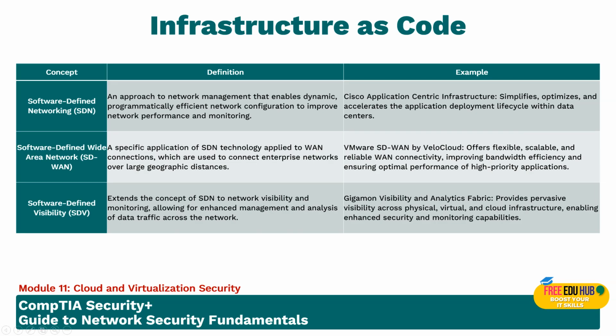Then we have infrastructure as code. First of all, if we define infrastructure as code, it's a key practice in the DevOps philosophy that involves managing and provisioning the computing infrastructure through code instead of through manual processes. With infrastructure as code, the entire infrastructure can be defined, deployed, updated, and versioned with the same control and precautions as software.